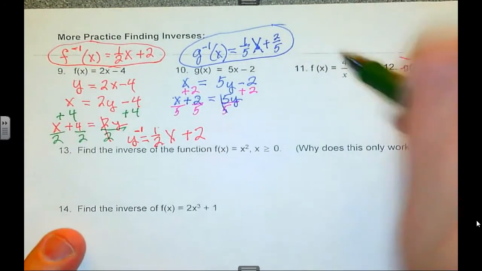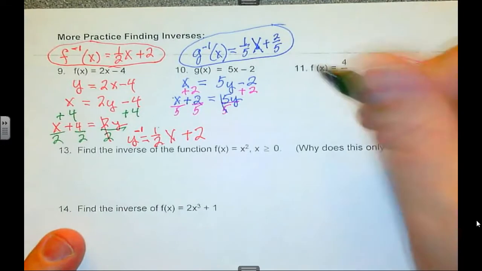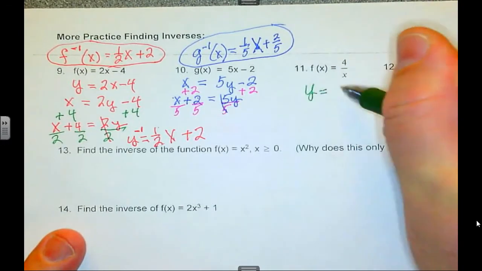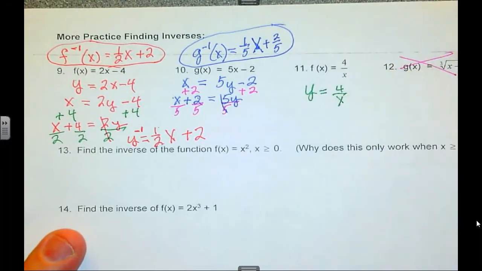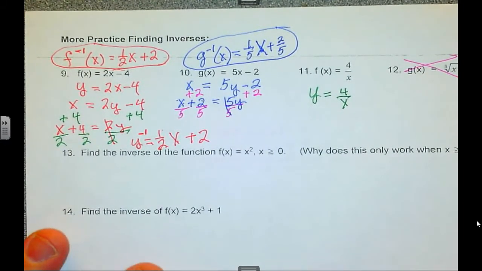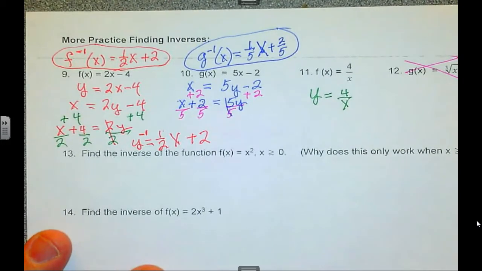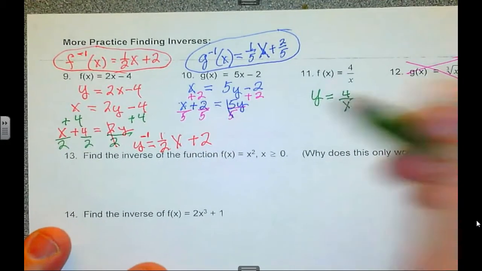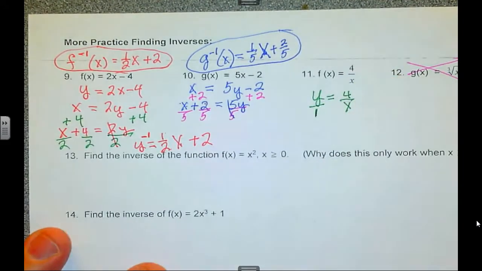Okay, I'm going to put y in for the f of x just because I want you to see something. How can I solve this problem if I put that over 1? Good.